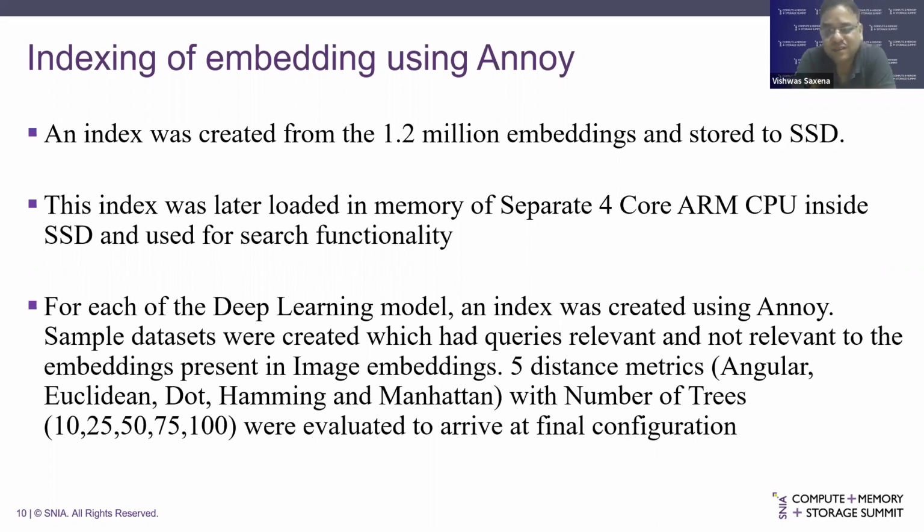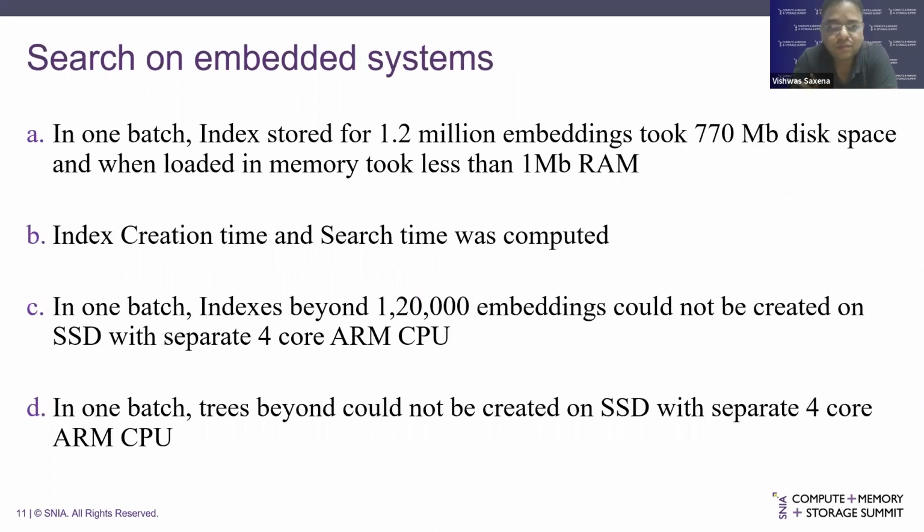We used 5 distance metrics: Angular, Euclidean, Dot, Hamming, and Manhattan. These were used with trees varying from 10 to 100 to arrive at the final configuration, and all of this was evaluated for the optimal number of trees. To search on embedded systems, like I said, in one batch we had an index created for 1.2 million embeddings that took about 770 MB of RAM.